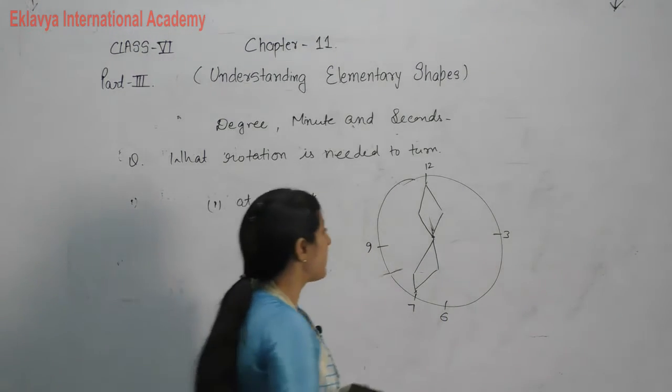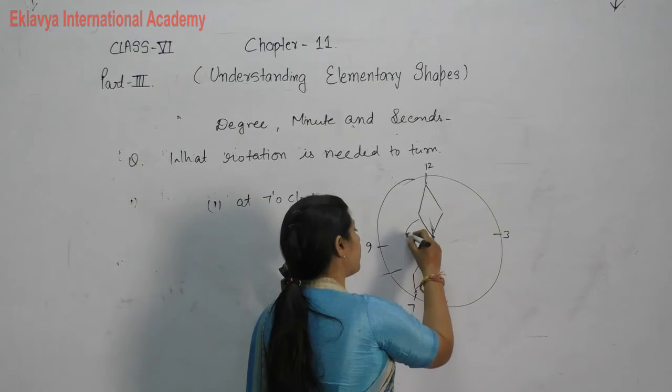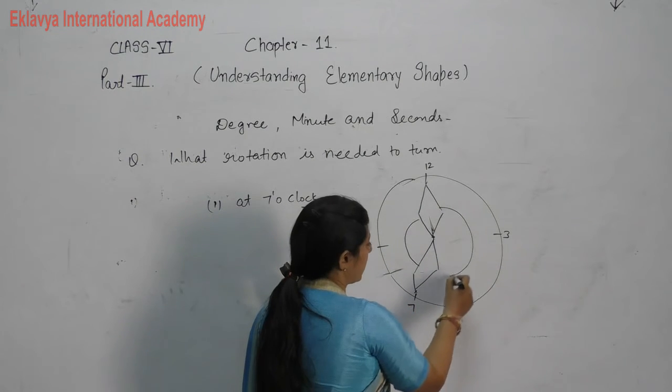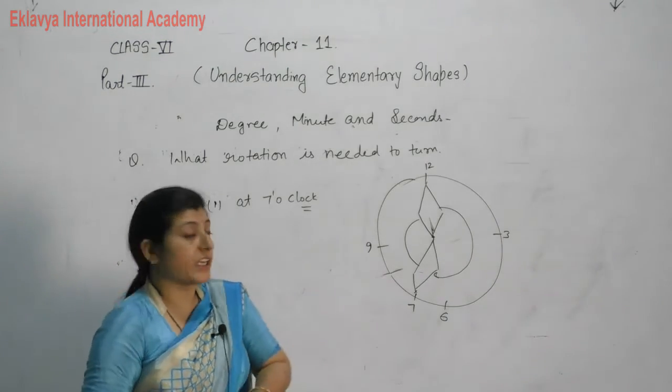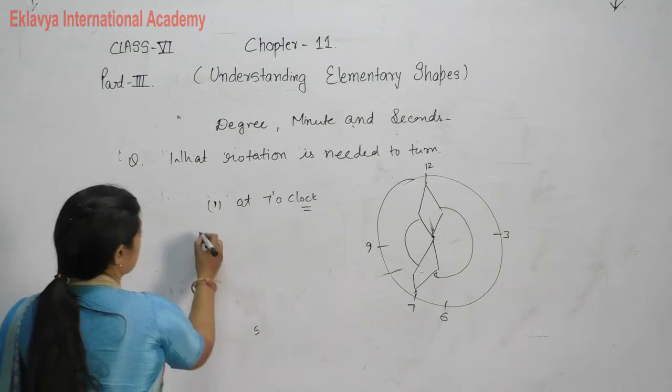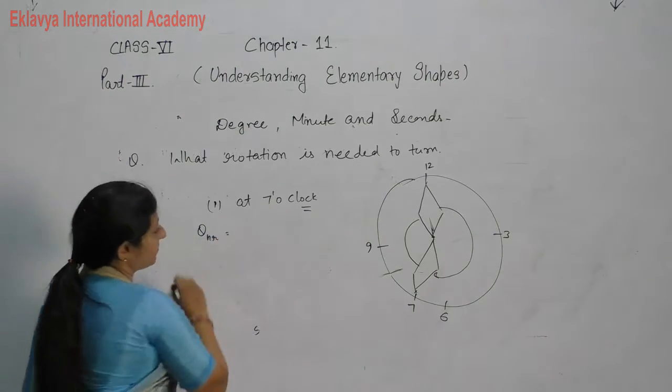This one is 7 o'clock, then what is the angle? You can find out like this, or you can find out like this. There is one formula we can use for theta H.